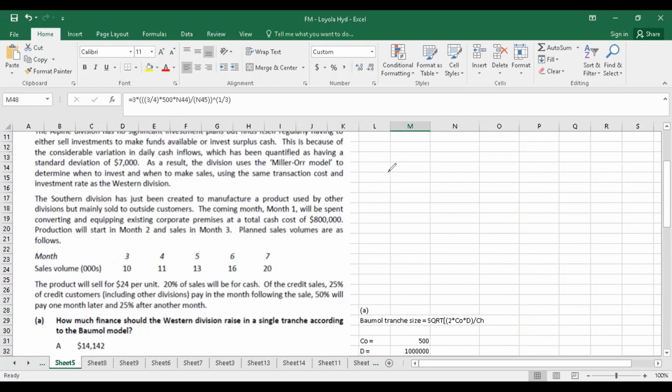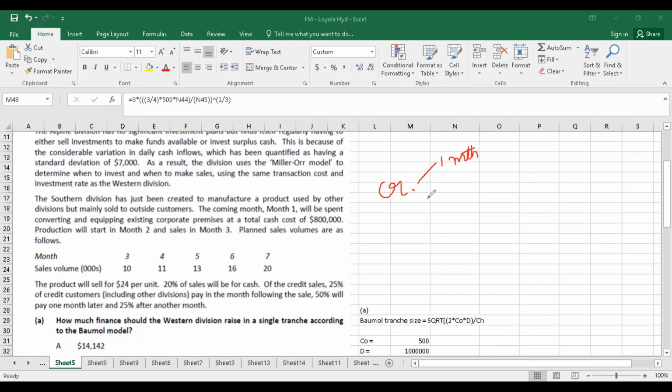The cash anyway will be received immediately, but the credit sales are spread over different time periods. Of the credit sales, which is 80% of the total sales, 25% pay in the month following, so 1 month later. That's 25% of them. After that, 50% will pay 1 month after that.